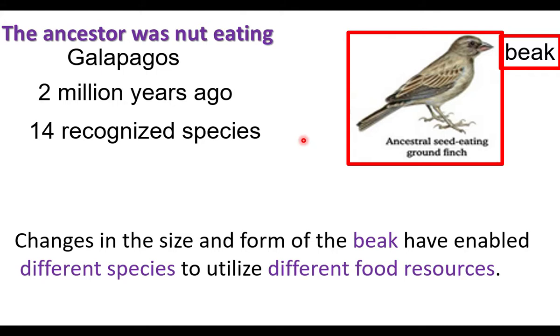In the beginning, all were seed-eating birds. Already they had variation in the mouth parts. Normally in any species, there are different varieties, different breeds. If we take dog, the same dog species has many breeds.